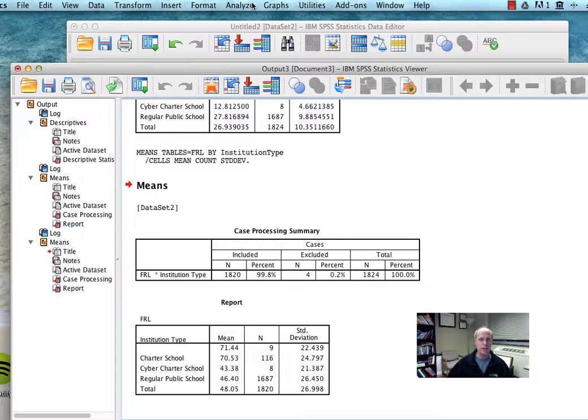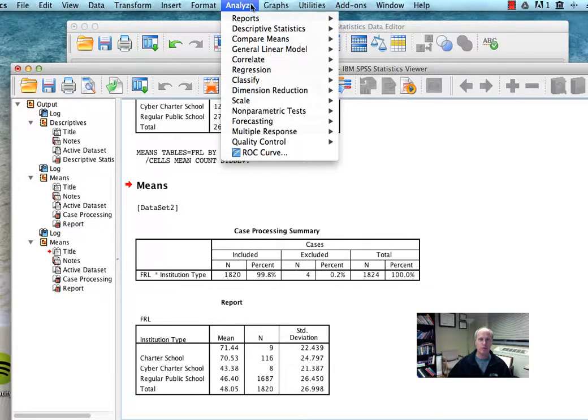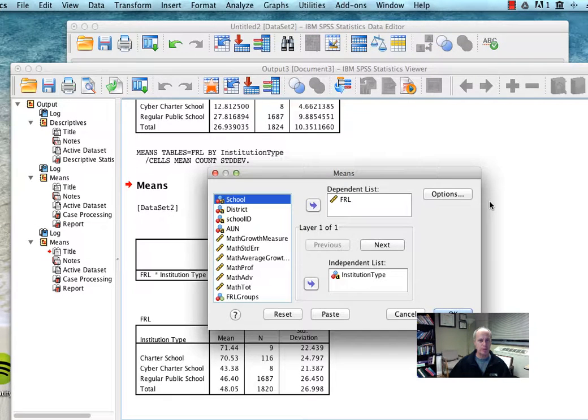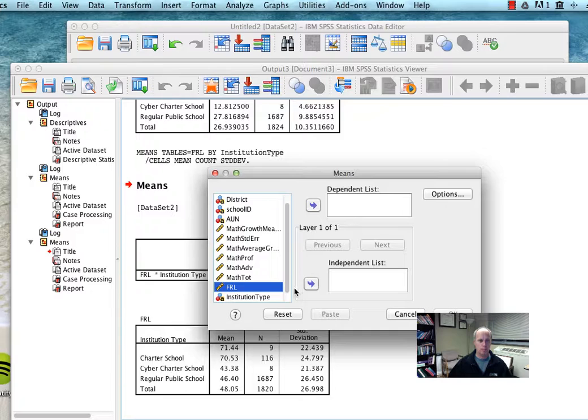Now, the reason I recoded that free and reduced lunch is I want to be able to compare means by free and reduced lunch. So let's say I'm going to use free and reduced lunch as a grouping variable. So in other words, are schools with low free and reduced lunch doing as well or better than schools with high free and reduced lunch?